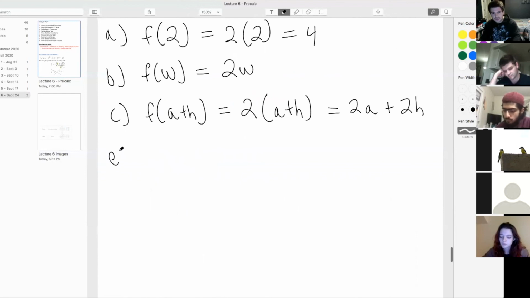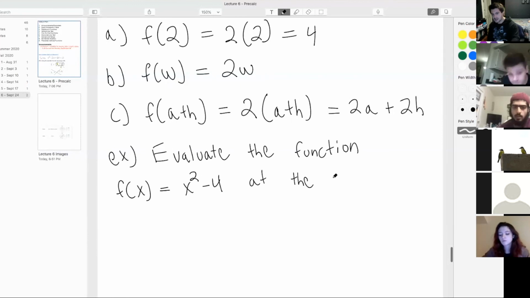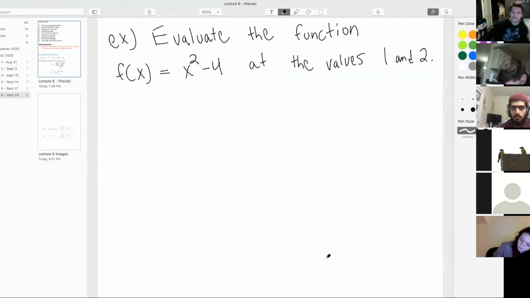Let me do a quick example again. Here's another function: evaluate f of x equals x squared minus 4 at the values 1 and 2. First, let's do f of 1. That means wherever I see an x, I plug in 1 for that.